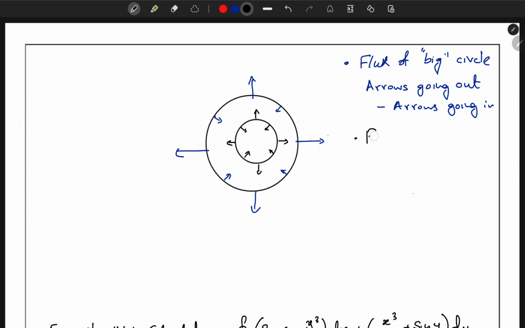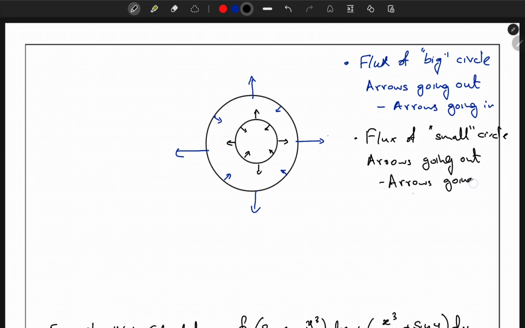So flux of the inner boundary or the small circle is arrows going out of the small circle minus the arrows going in.